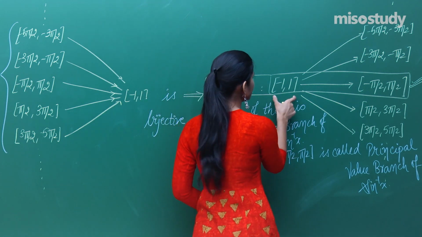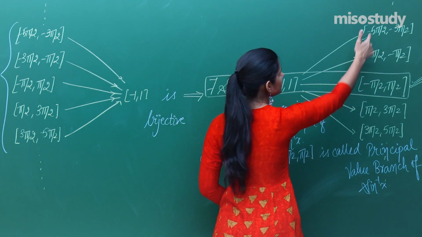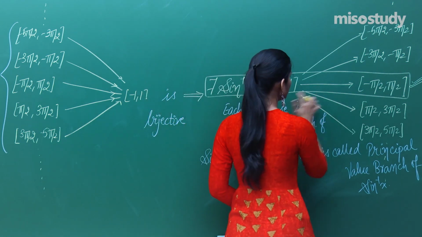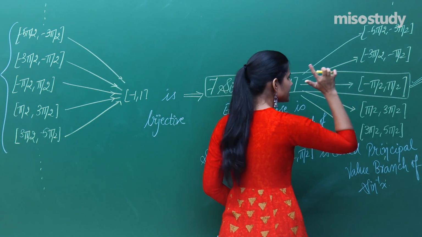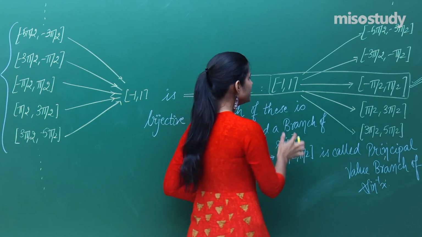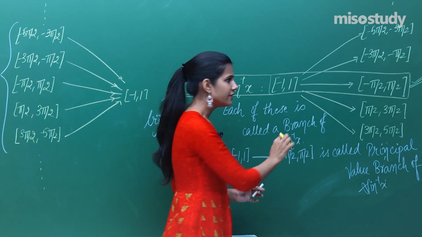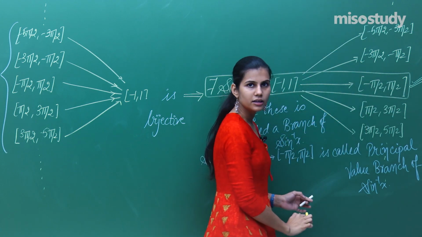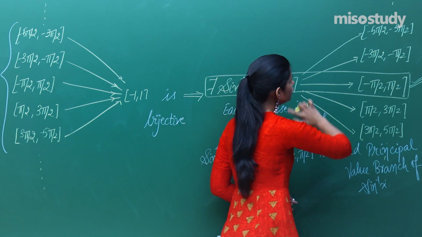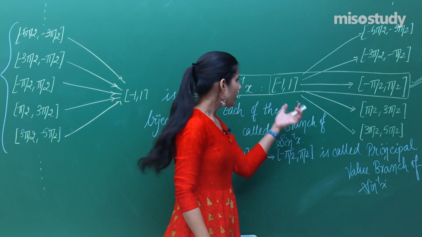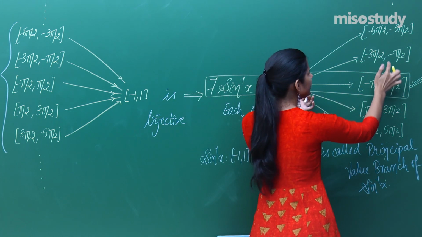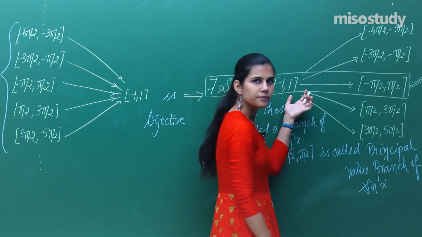See, sine inverse x is a function from [-1, 1] to each of these, and it is one-one. Sine is one-one from here to here, sine inverse is one-one from here to here. One-one means each element from [-1, 1] is going to have a unique image in this interval, unique here, unique here, unique here.